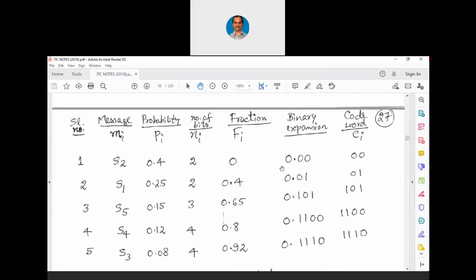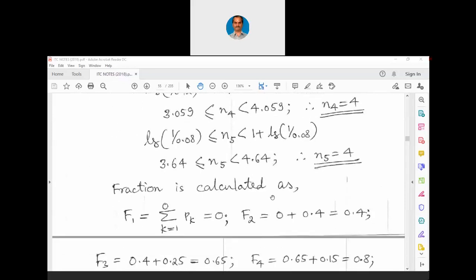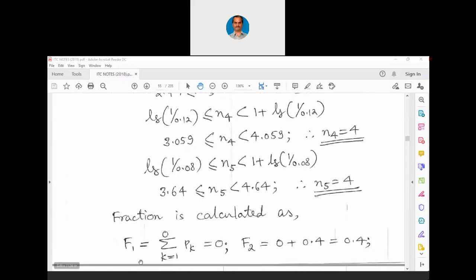Now the third step is we have to find a fraction. That fraction is going to be a summation. Let us see how to find this fraction, and let me tell you why we got the fraction as 0 in the first place. So the fraction is calculated as f1 equals summation of k equals 1 to 0 of pk.